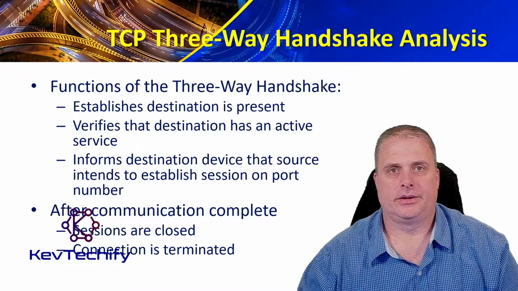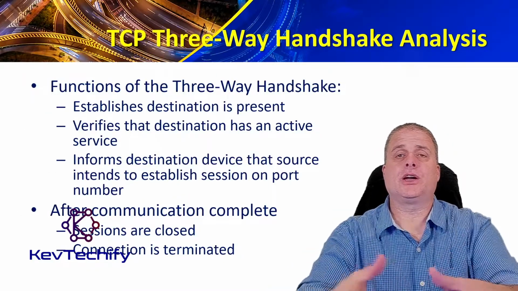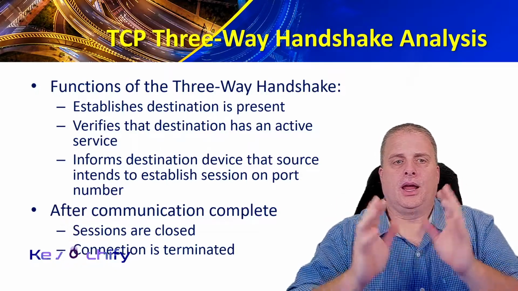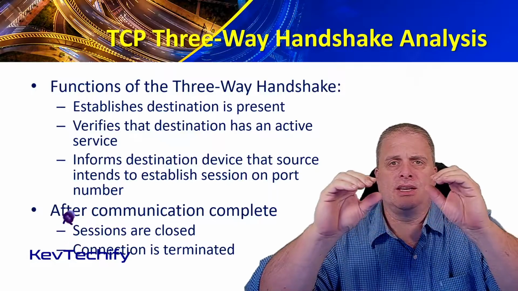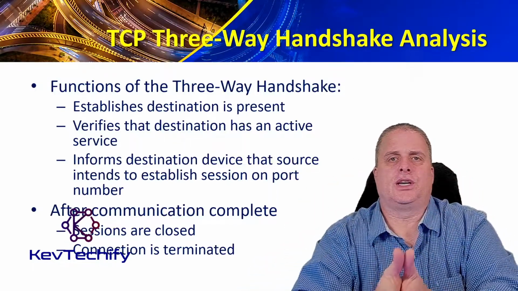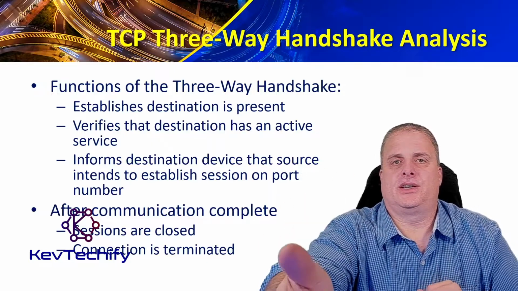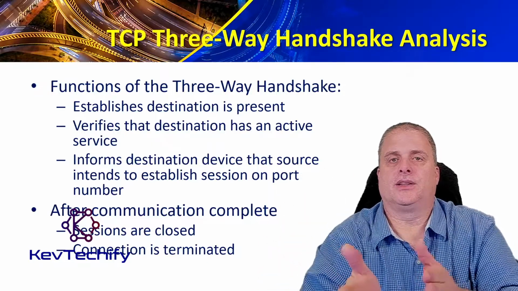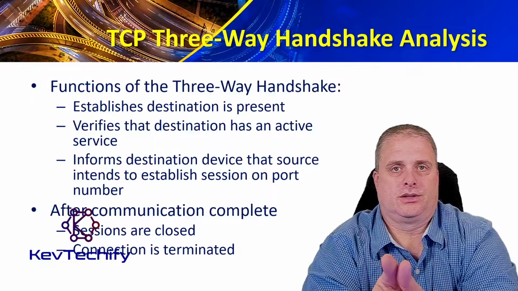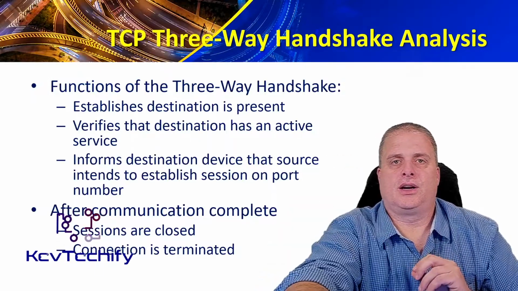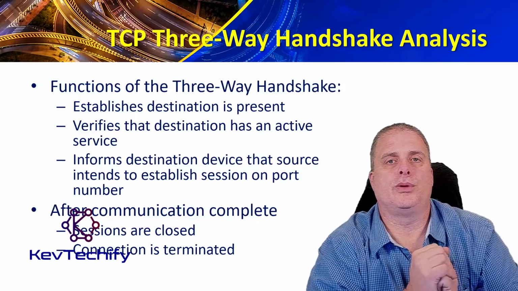In establishing our TCP connection, a 3-way handshake happens. And this is the process in which it happens. The first step here is it makes sure that the destination is present, that basically that server exists. The second one is it verifies that server actually has a service we're going to be using.